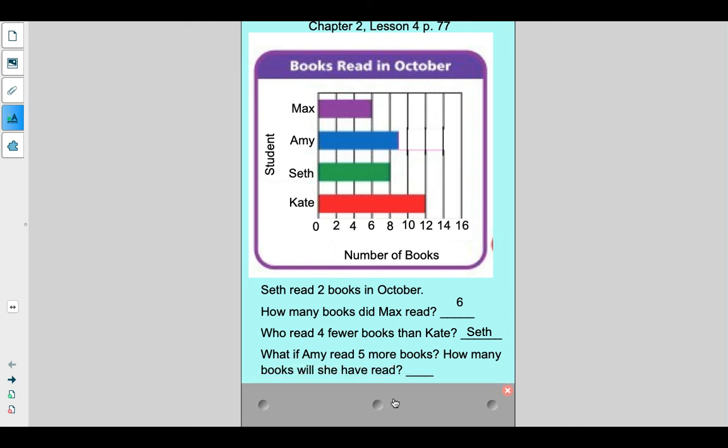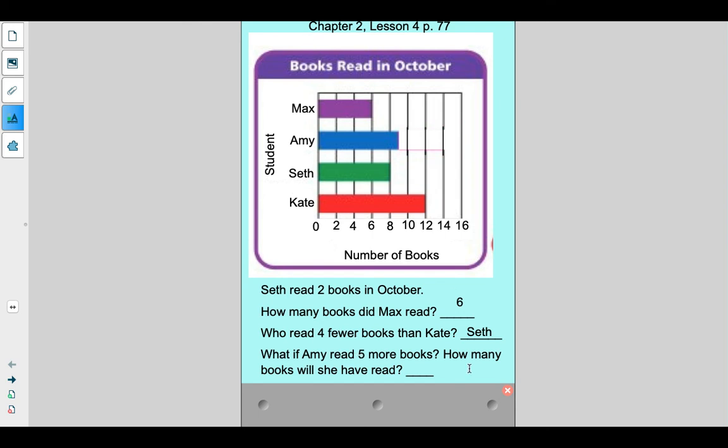All right, let's see what our next question holds. What if Amy read 5 more books? How many books will she have read? Okay, so she's the tricky one because right now she's sitting right between 8 and 10. And we know right between 8 and 10 is the number 9. So right now, Amy's read 9 books. So what's 9 plus 5 more books?